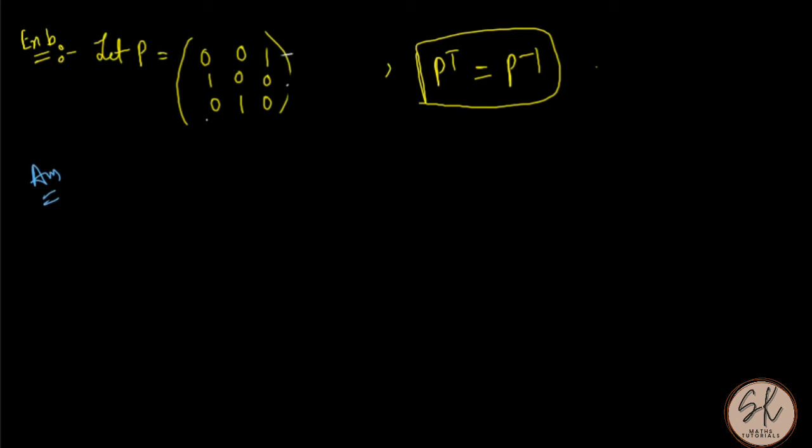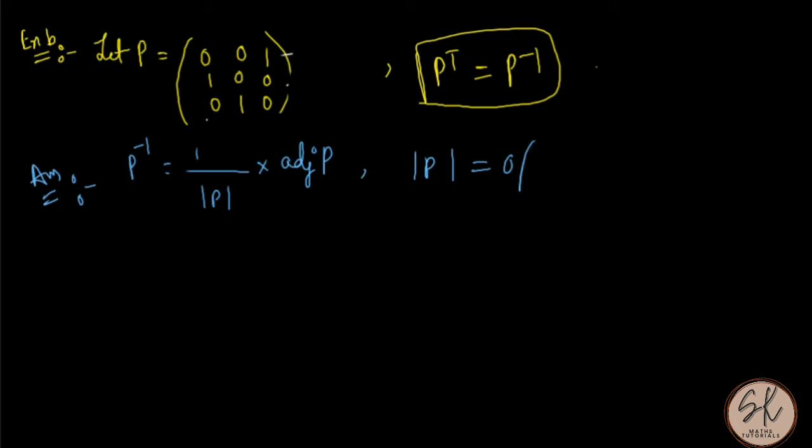So first we will find the inverse of P. Okay, so P inverse is equal to 1 by determinant of P into the adjugate of P. So first let us find the determinant of P. We can find the determinant of P by picking any row or column. So let us take the first row.